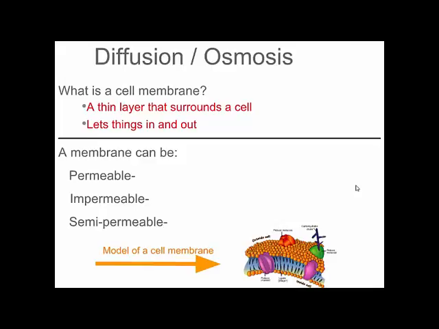The cell membrane is called a phospholipid bilayer. It's a double layer. And sort of stuck throughout it are various types of proteins that have different jobs to do. And certain molecules can pass through this membrane, other molecules cannot. We'll be talking about that. But some words that we use.